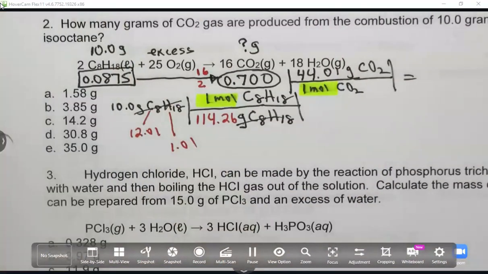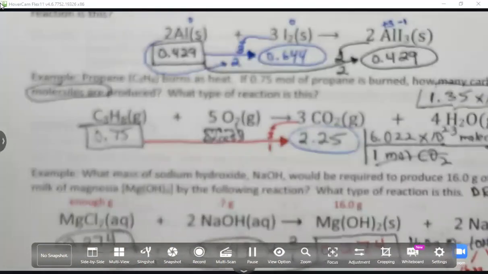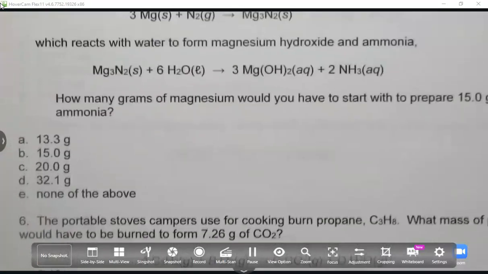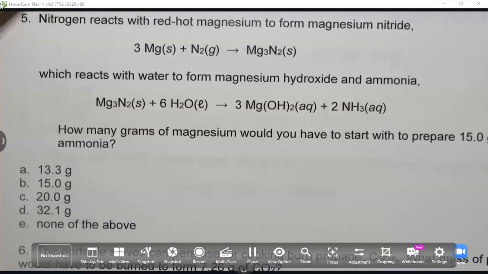Okay, so now we're going to look at 5. 5 is an interesting one because it involves 2 reactions. I expected 5 to be on the board, and there's another one we'll probably have on the board next time. But here's what we've got.